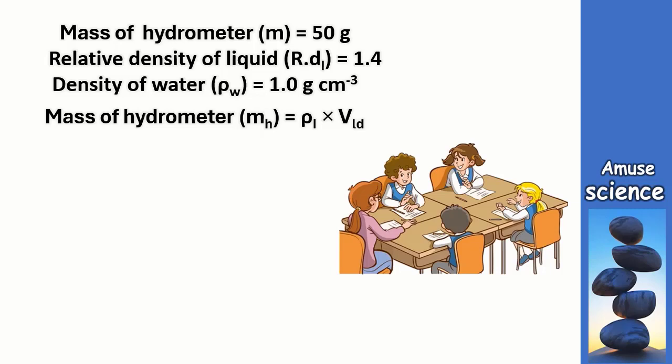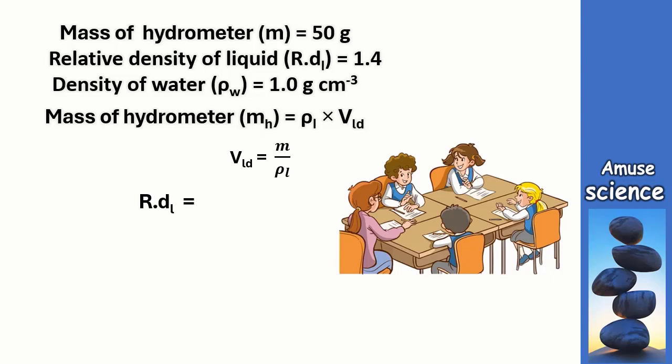So let's make the volume of the liquid displaced the subject. We are going to get the volume of the liquid displaced is equal to the mass of the floating hydrometer divided by the density of the liquid. Since we know the mass of the hydrometer, our task will be to find the density of the liquid. And to find the density of the liquid, we have been given the relative density of the liquid.